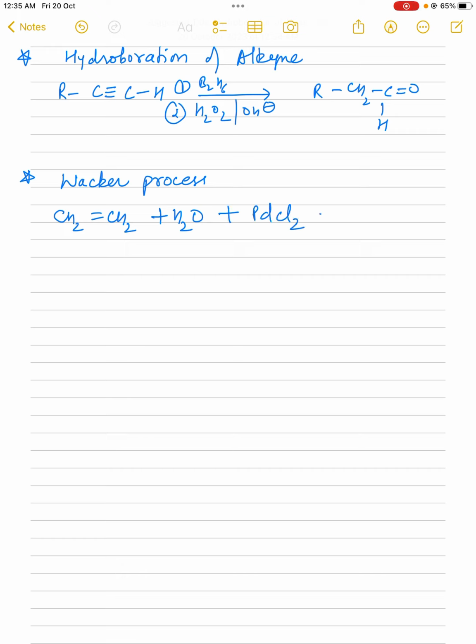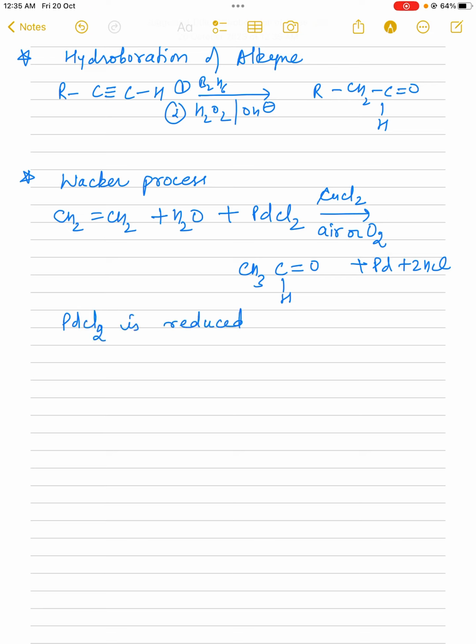So in presence of copper chloride and air or oxygen, what we will get? We will get the aldehyde CH3 C double bond O H plus palladium plus 2HCl.